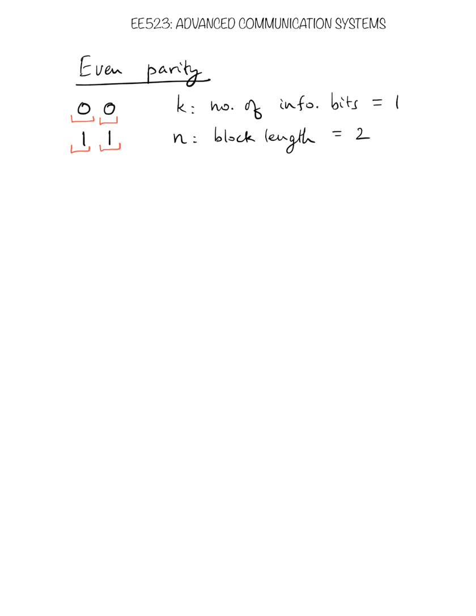So the number of parity bits is given by n minus k. N minus k is the number of parity bits, which is equal to, with n as 2 and k as 1, 2 minus 1, which is 1. And what is the code rate?